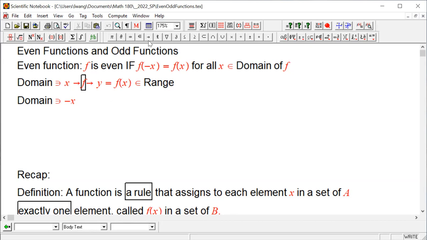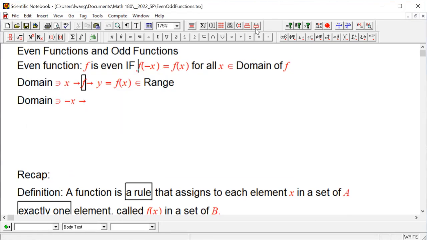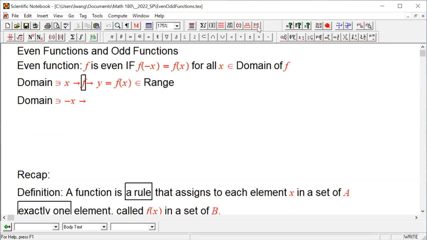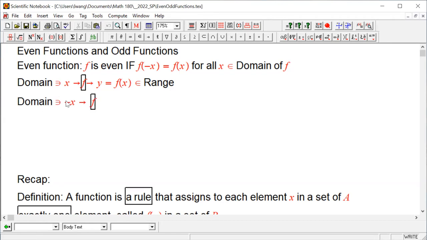So when we have f of negative x, what it means is that this rule would apply to negative x, okay?